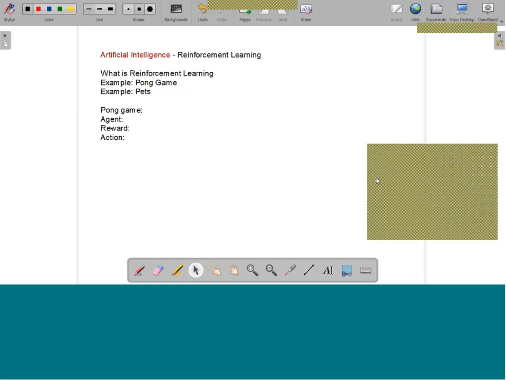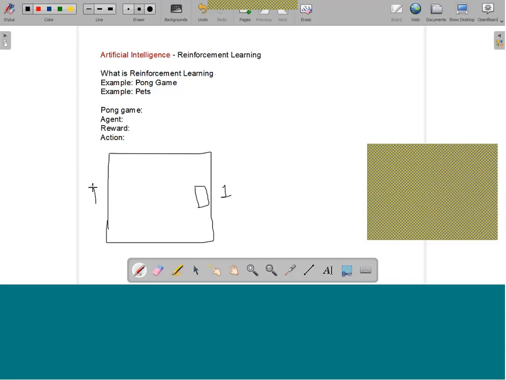Let's consider here, I'm drawing one game. So understand carefully. Here you can see this is the bat of player one, so here I am writing one, and this is the bat of player two, so here I am writing two. This is the line.